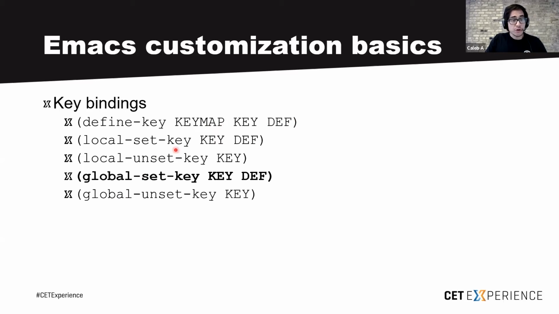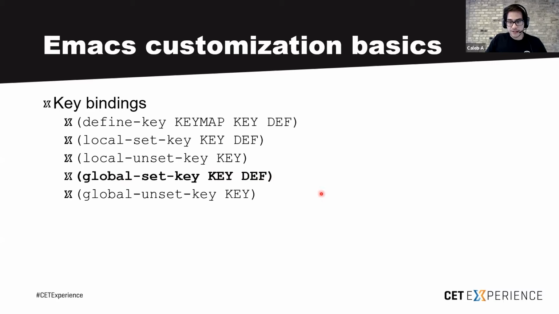The local-set-key and local-unset-key will define a key binding for a particular buffer. So this is just buffer level definition of a key. Most people really want a key binding to do the same thing no matter what the buffer. That's why I've bolded global-set-key.